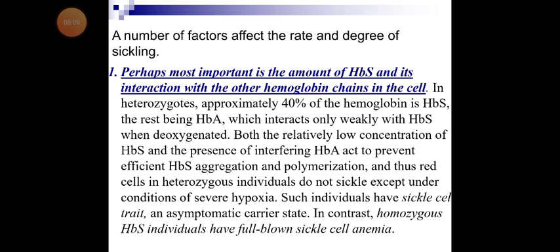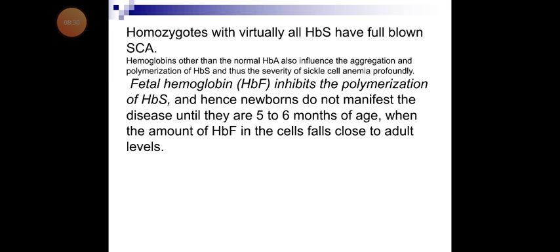A number of factors affect the rate and degree of sickling. Besides environmental factors, there is the amount of HBS and its interaction with other hemoglobin chains. The higher the HBS, the more chances it becomes a sickle shape.